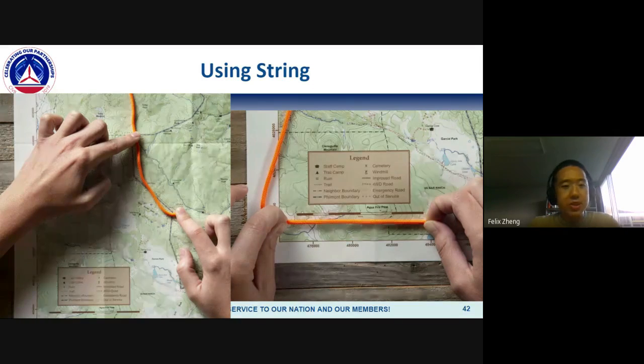Basically, you use a string, or a wire, or whatever bends to follow the path that you need to take, and then you compare that to the scale on the bottom of the map. You will need to use that technique on some of your quizzes, or at least this quiz, to measure the distance between 2 points.